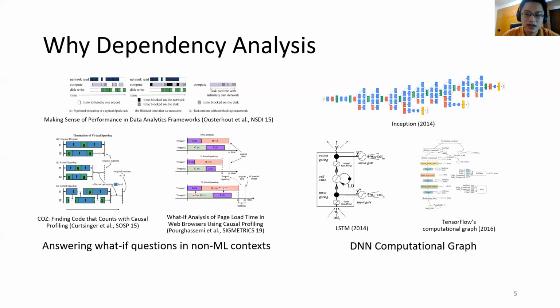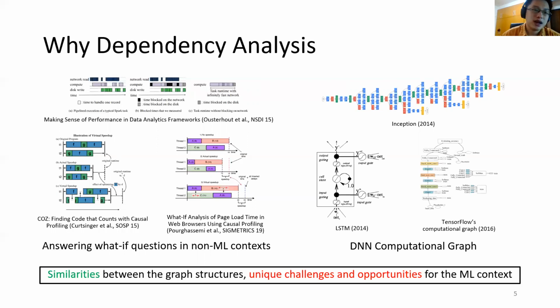For example, many DNN models are specified using dependency graphs, and mainstream machine learning frameworks also perform the computation based on dependency graph structures. So the similarities between the graph structures suggest that we can use the idea of dependency graph analysis for our system.